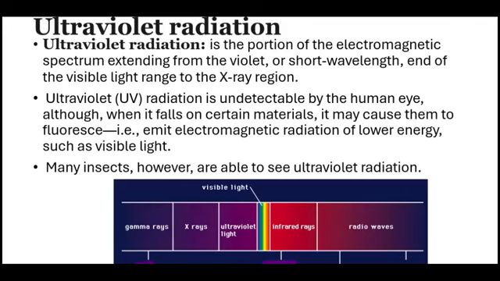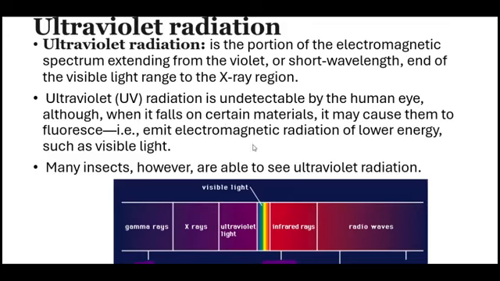Ultraviolet radiation. The ultraviolet radiation is the portion of the electromagnetic spectrum extending from violet, or short wavelength, at the end of the visible light range to the X-ray region.